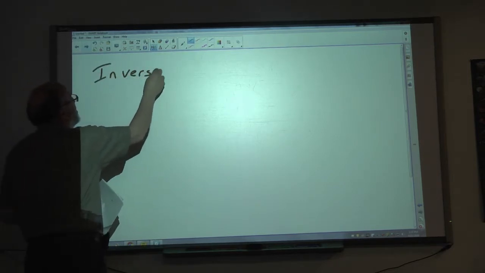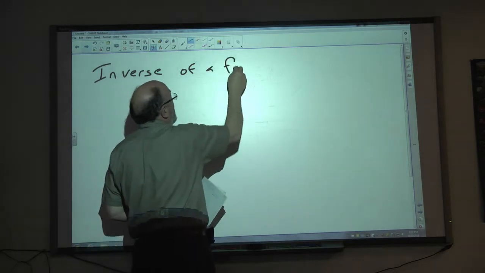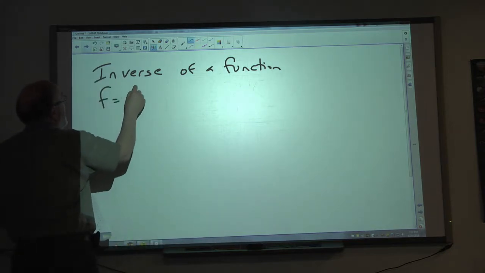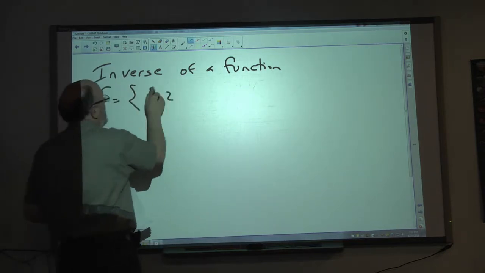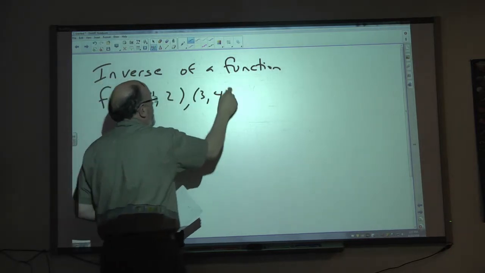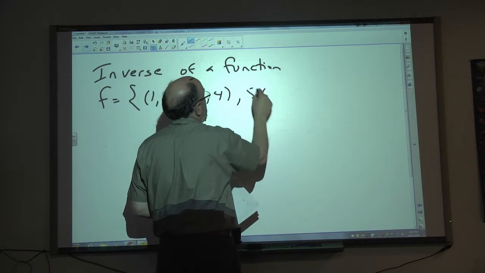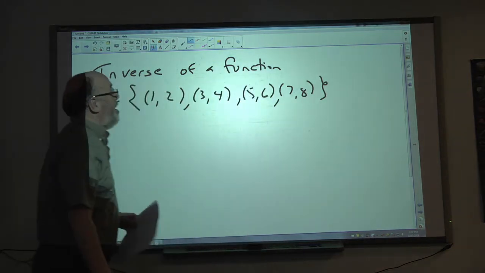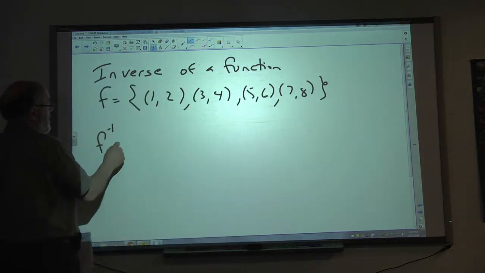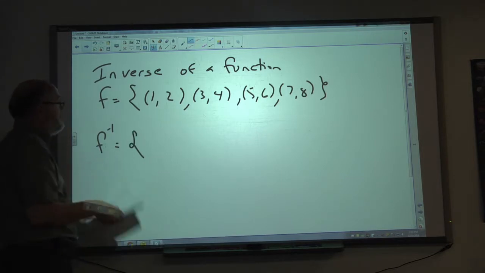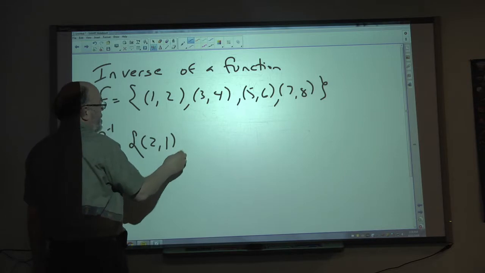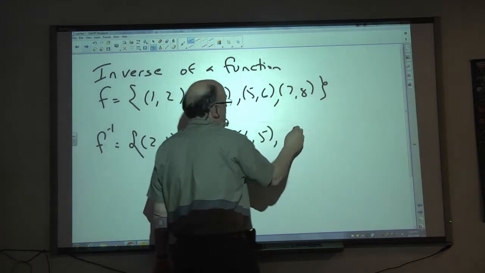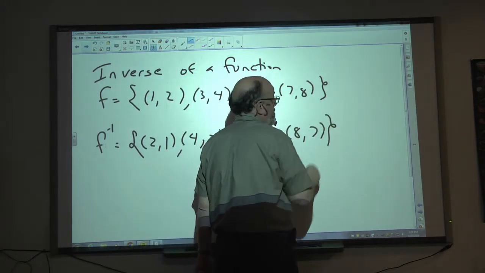So inverse of a function. So if f is given by the set of 1, 2, 3, 4, 5, inverse of f would then just be the set 1, 4, 3, 6, 5, 8, 7, 8.